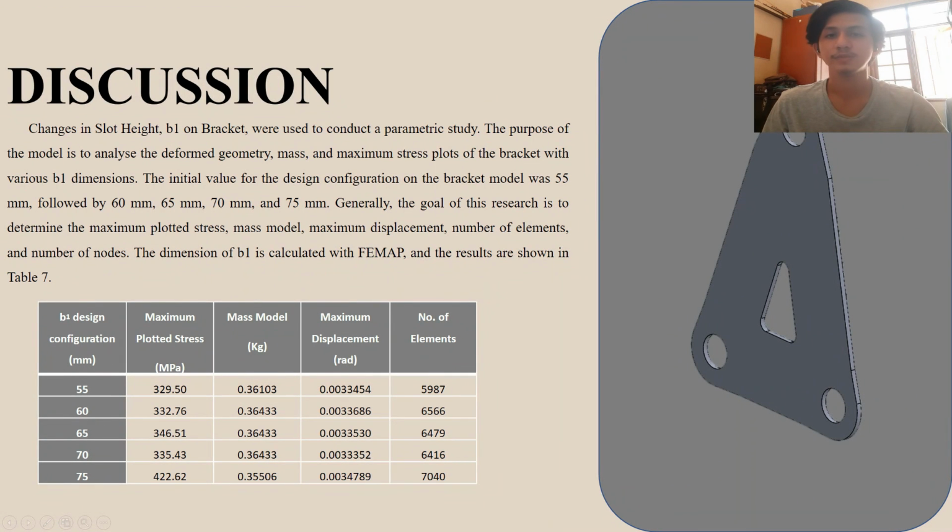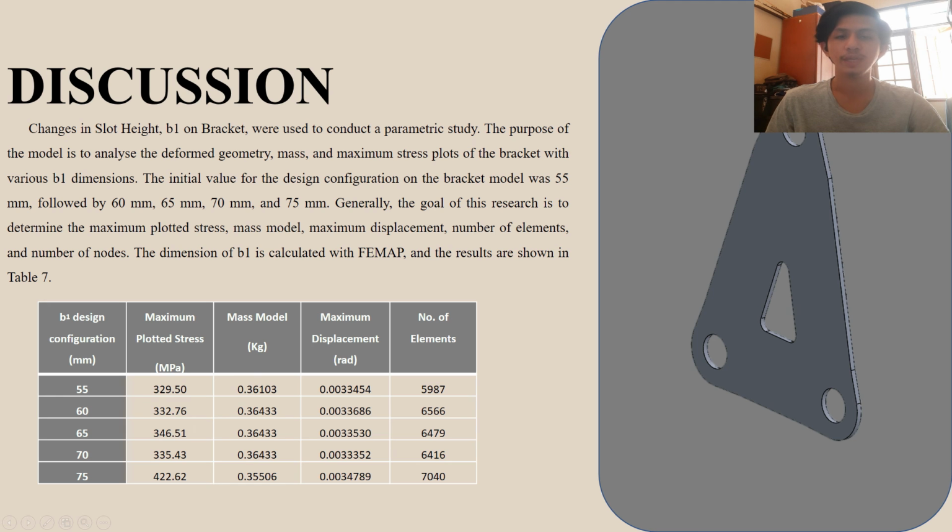For discussion, we changed the slot height of B1 to conduct a parametric study. The purpose of the model is to analyze the deformed geometry, mass and maximum stress plot of the bracket with various B1 dimensions.